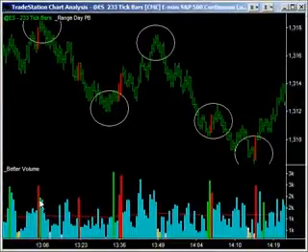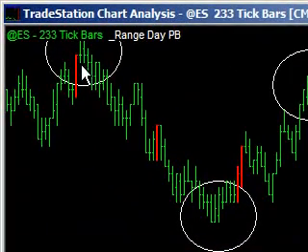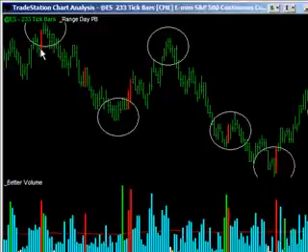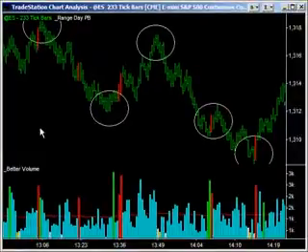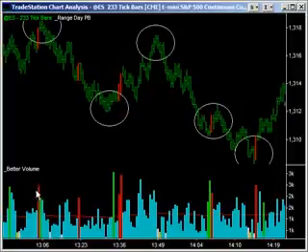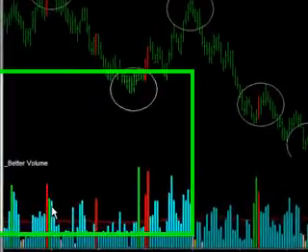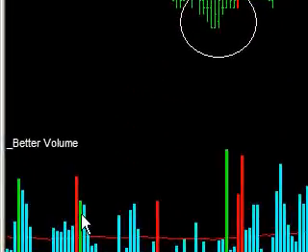The extra buyers that have come in to buy this breakout are being met by, in this case, probably professional sellers coming in that are selling that new high, and the result is a low range bar but high volume. So we get a climax bar followed by a high churn bar.